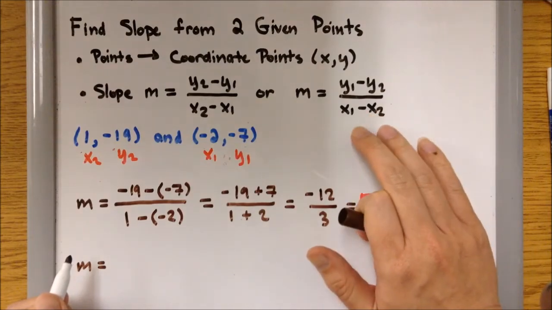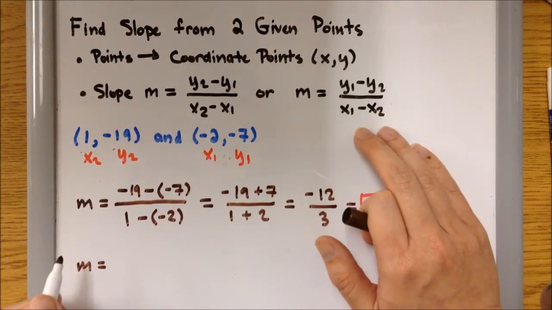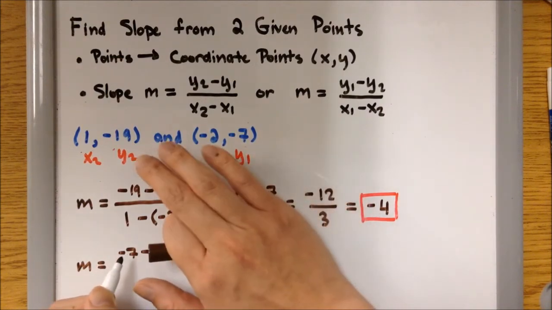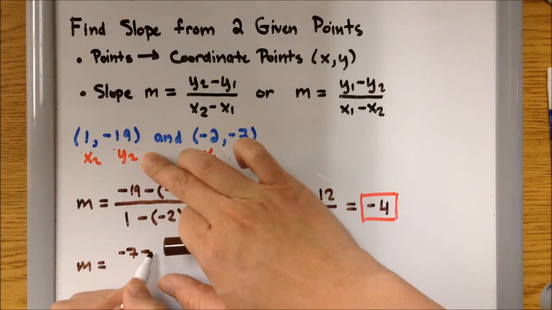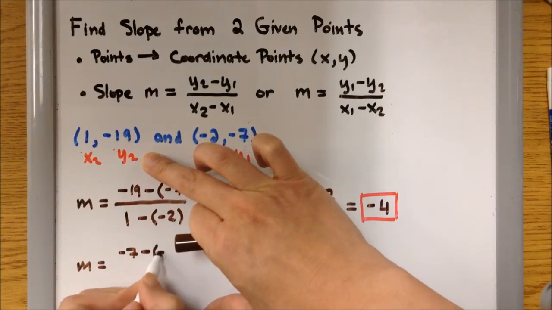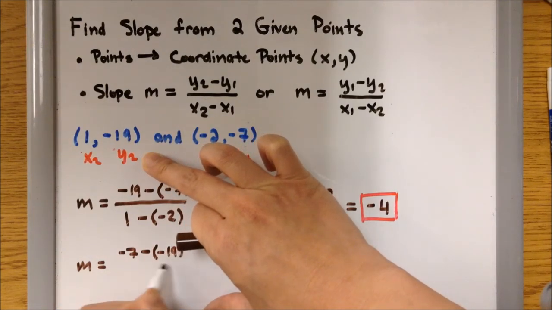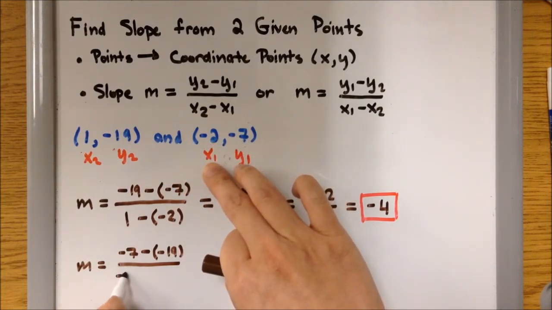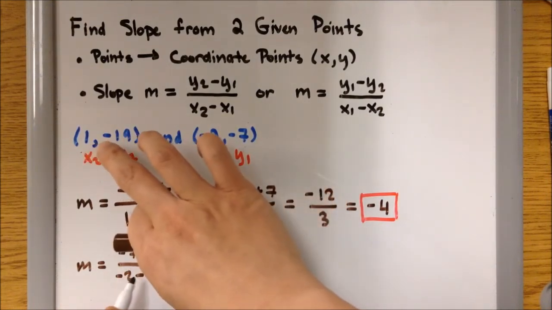So again, my y1 goes first, so negative 7, minus my y2. Watch out now, I'm plugging in negative 19, so I'm going to put parentheses around negative 19, over my x1, which is negative 2, minus 1.